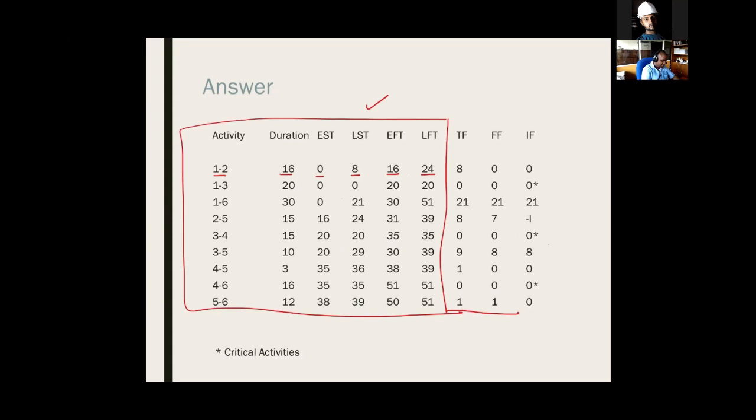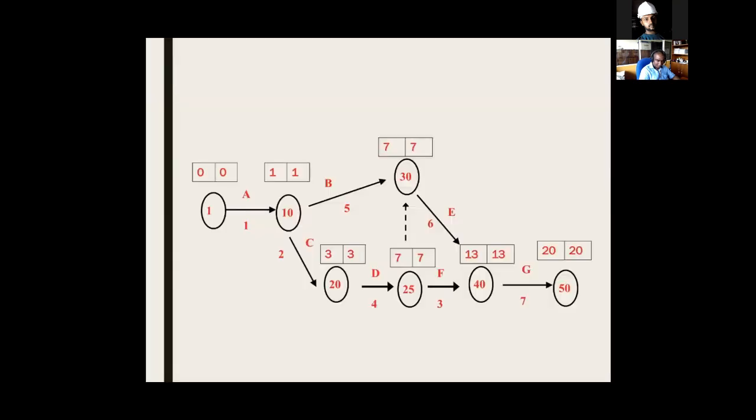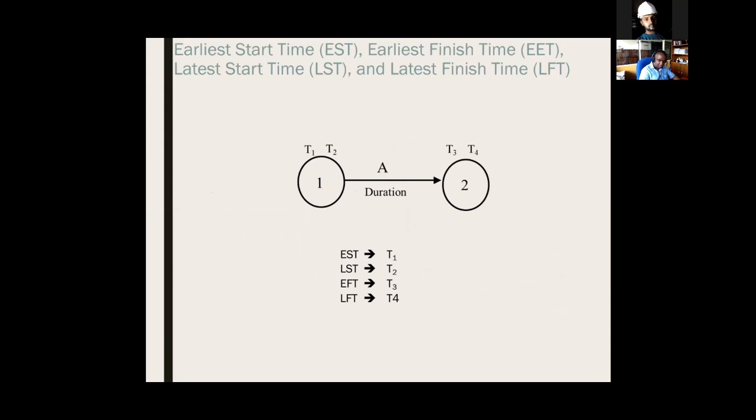This part we will discuss now: what float is, what free float is, what independent float is. We will discuss that example in a while, because I need to continue the lecture for a while.